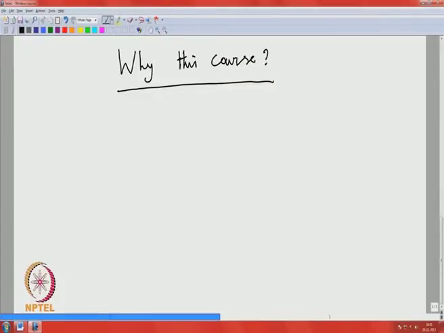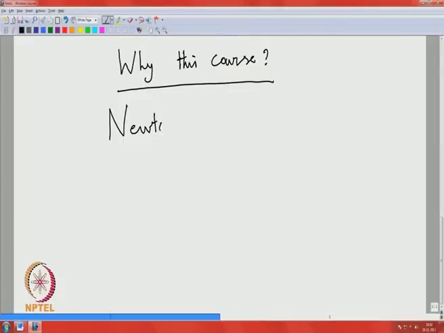Let me continue a little more with this introduction to differential equations. The beginning of differential equations is attributed to Newton and Leibniz, after the invention of differential and integral calculus. The early work comes from Newton, Leibniz and Bernoulli, probably starting from the late 17th century.